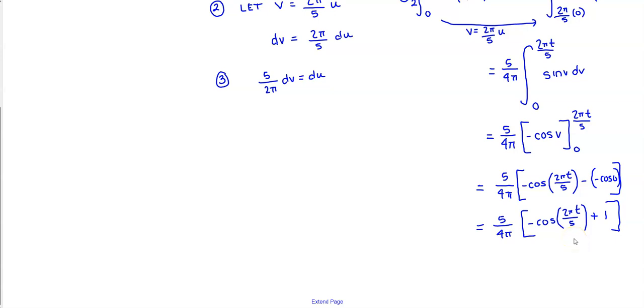If we want to rewrite this, we just reorganize it: 5 over 4 pi times the positive 1 minus the cosine of 2 pi t over 5.